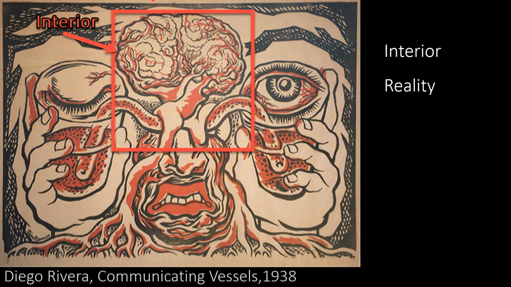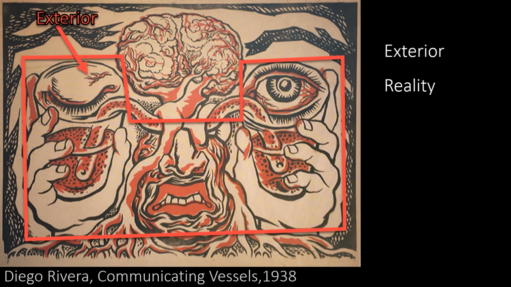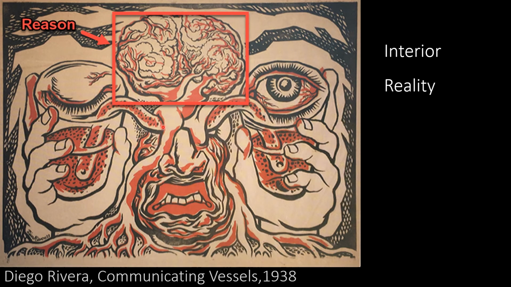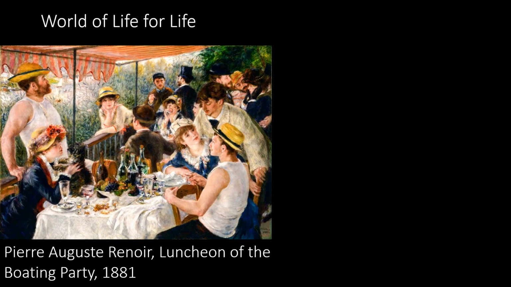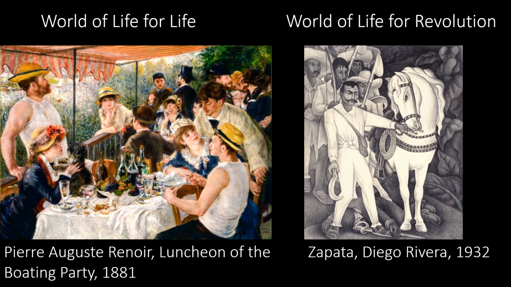The brain represents interior reality, and the eyes, hands, and face, all exterior body parts, represent exterior reality. The brain could also represent the world of reason, and the face, the world of madness. Surrealism also attempted to connect the world of life for life and life for revolution.